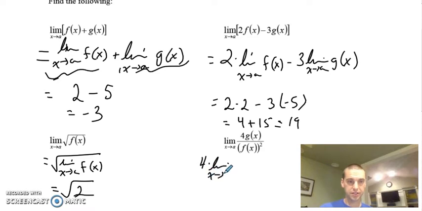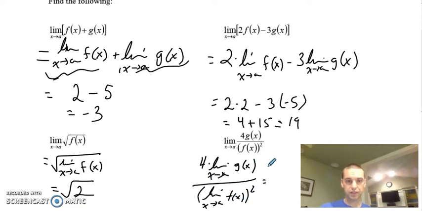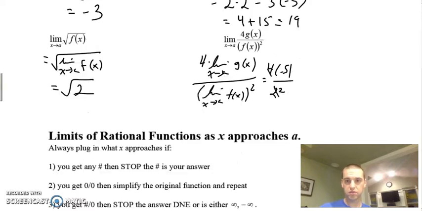It's good for us to see. 4 times the limit of g of x divided by the limit as x approaches a of f of x, all squared. Okay? And we're going to get 4 times negative 5 over 2 squared. Notice that the 4 and 2 squared cancel. And so therefore we're just left with negative 5.